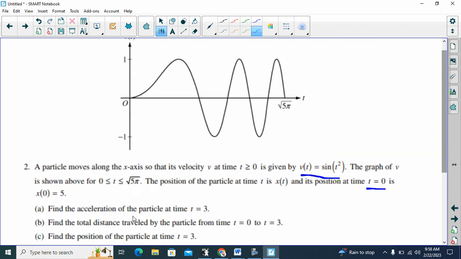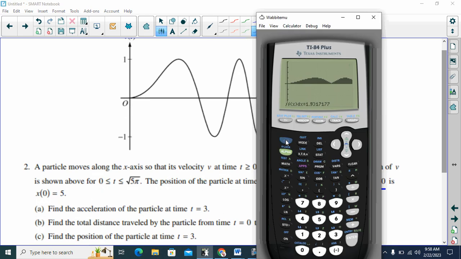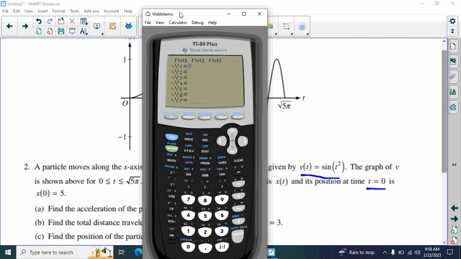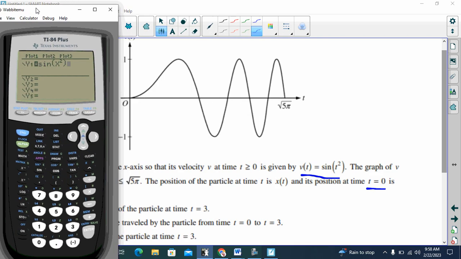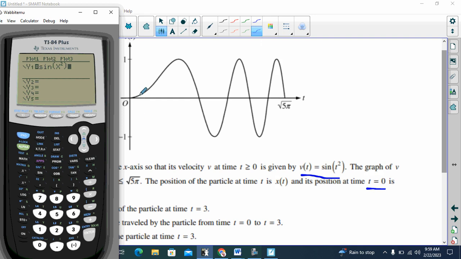Part A, what's the acceleration? Again, it's a calculator problem. Let's go ahead and clear out all of our equations and graph the velocity equation that's given, sine of x squared. We should probably make our window to try to mirror the graph that's given. So on my window, my x, I'm going to start at 0.